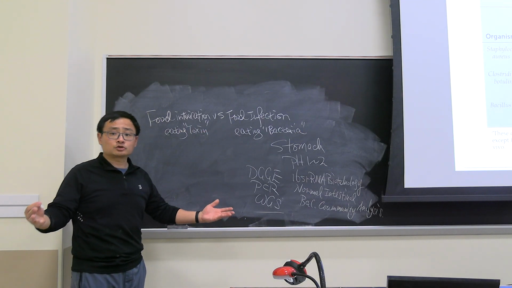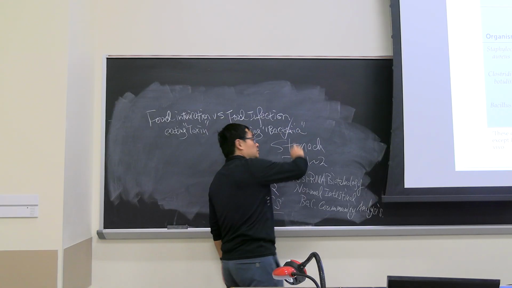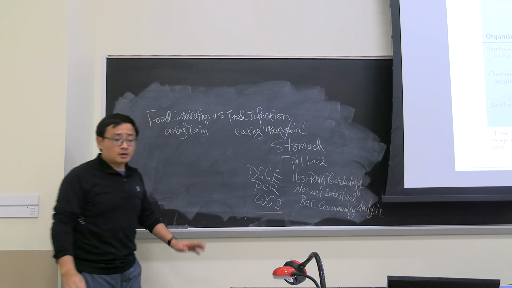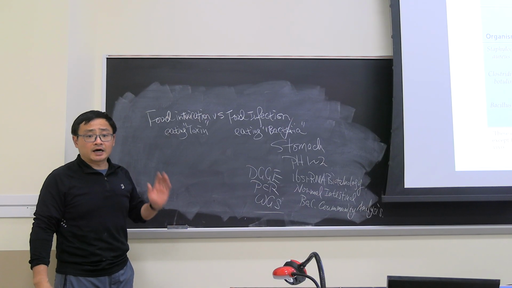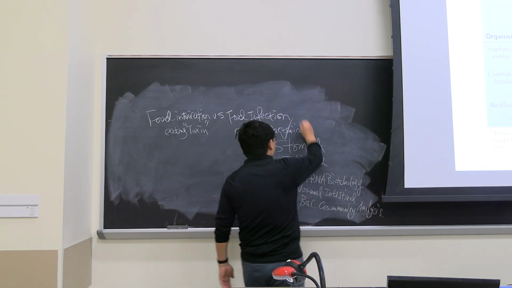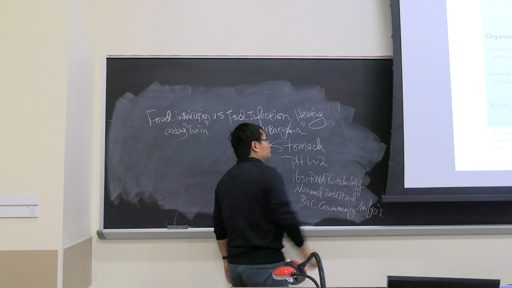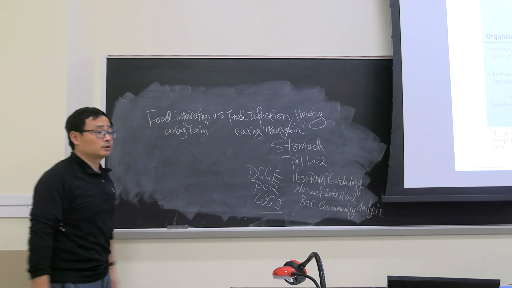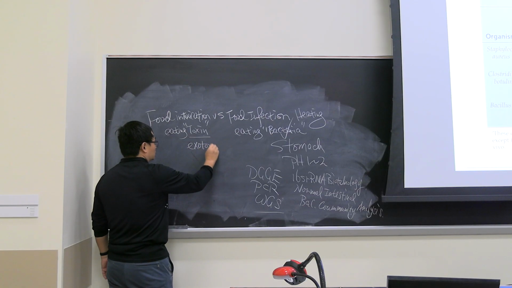Which one is easier to solve? This is easy, because as long as I kill the bacteria, I solve the problem. And the common method is heating. If I heat the food products, the bacteria will be killed. This is a trouble, because those toxins are exotoxins.